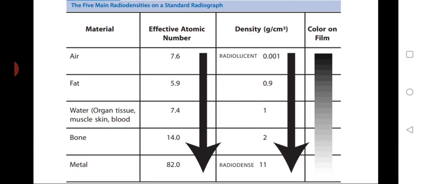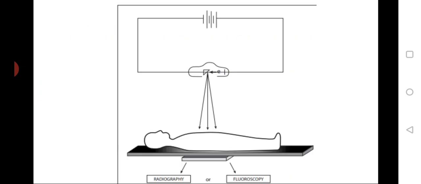Because, look one more time here. We are producing the X-rays on the top, and we are getting the film below the patient. So we will see only those rays that get through.